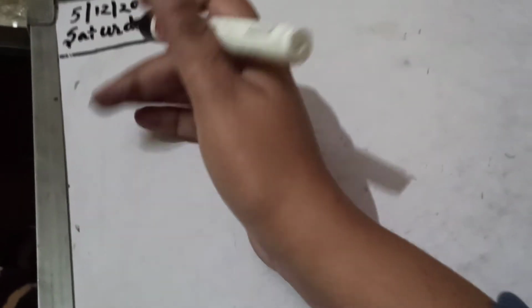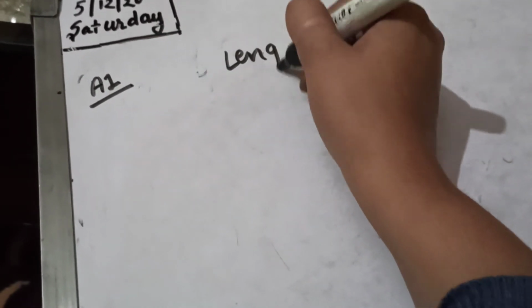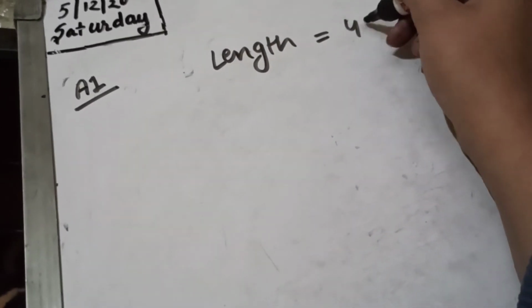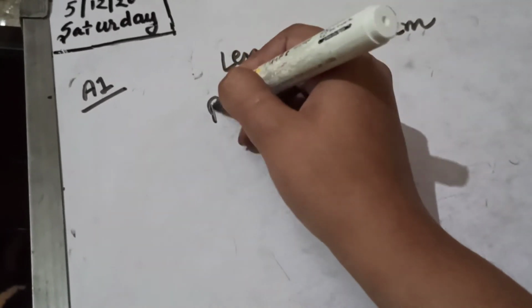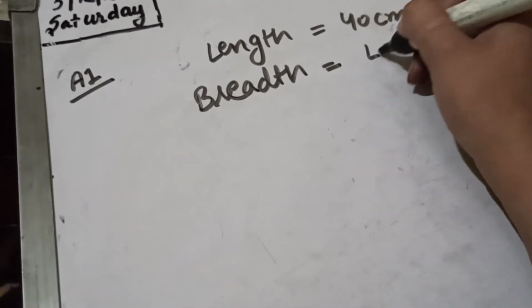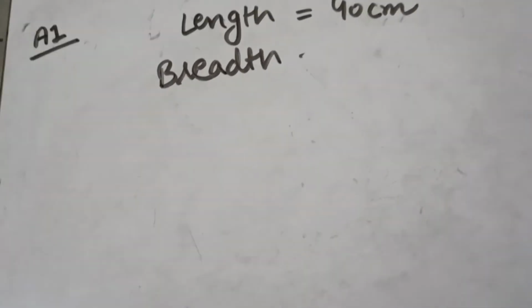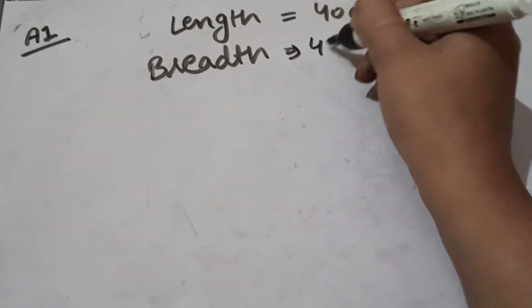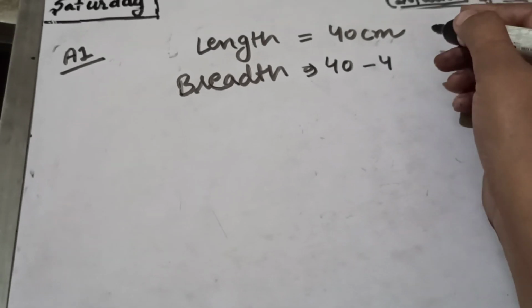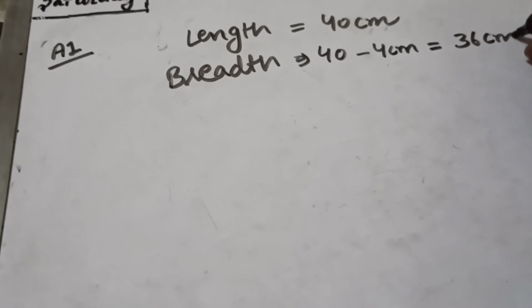If the length of the rectangle is 40 cm, so see, length is 40 cm given, breadth is 4 more than its breadth. It means breadth will be 4 less, right? So it is equal to 36 centimeter.